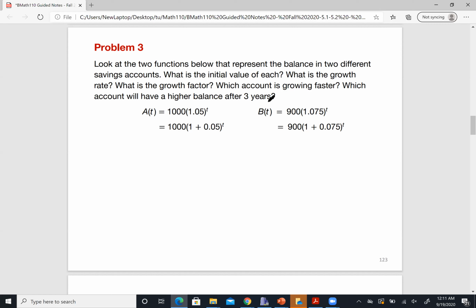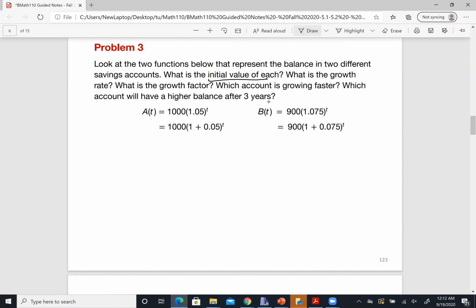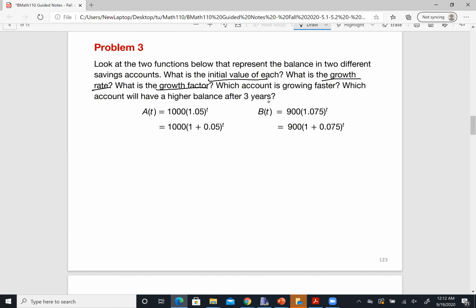What is the growth factor? And which account is growing faster? And which account will have a higher balance after 3 years?